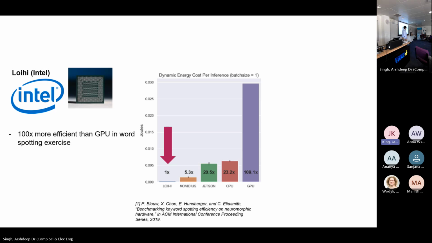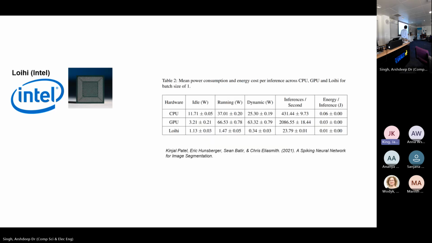Intel also benchmarks their Loihi chip in keyword spotting exercises, and they found their chip was 100 times more power efficient than GPUs, which is quite impressive in that same task. But we have to be careful, because if you dig a bit deeper into the paper, you do find that we're reducing the amount of energy.